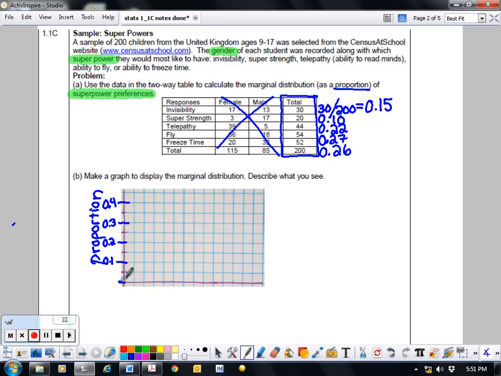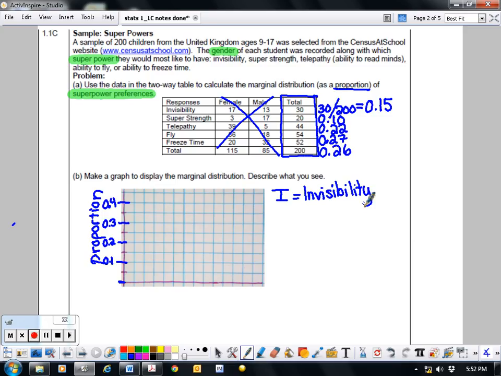And so now we're going to do invisibility, super strength. You could write the labels sideways, but if you wanted to, you could also say I stands for invisibility and write yourself a key. If it makes it easier on you to keep your graph looking nice, that's fine. But you have to have the key there.